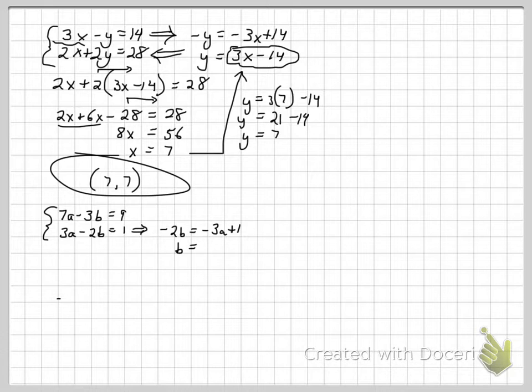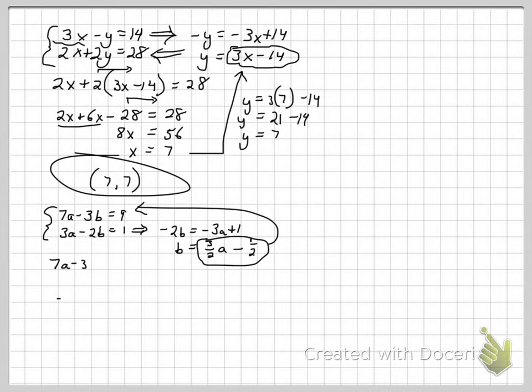Solving for b, I'll get positive 3/2 a minus 1/2, multiplying negative 1/2 to every term on the right. This is my expression. I'll now need to go back and plug it in to the other equation.